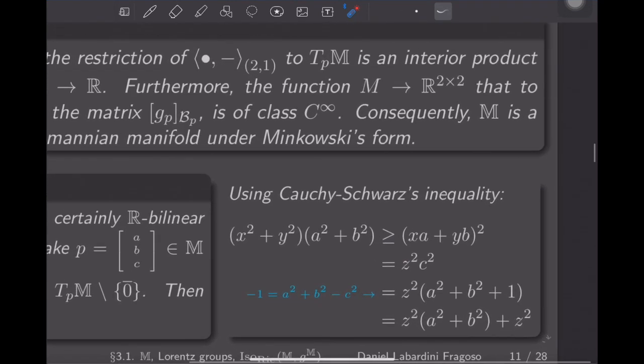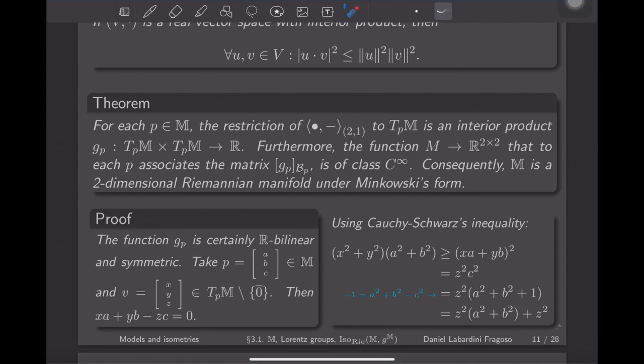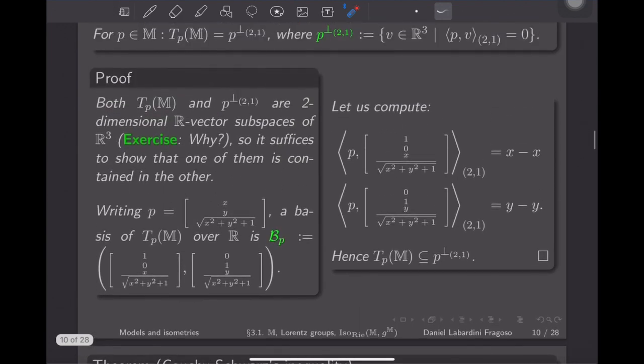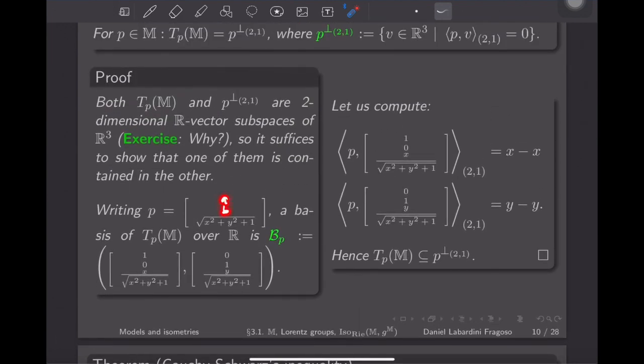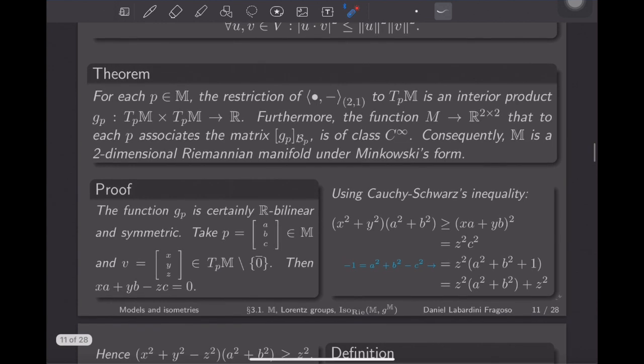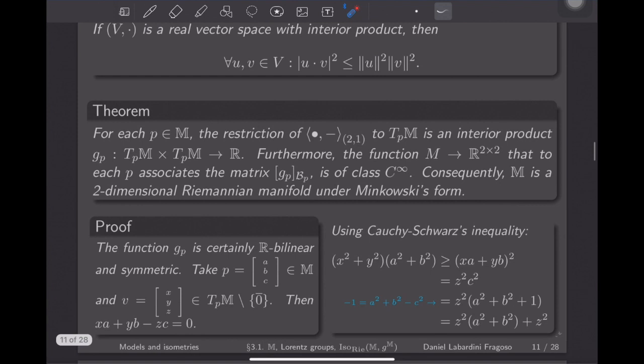And since P is in M, c is the square root of a squared plus b squared plus 1. So I substitute this c, not this, there's no square root because it's squared.